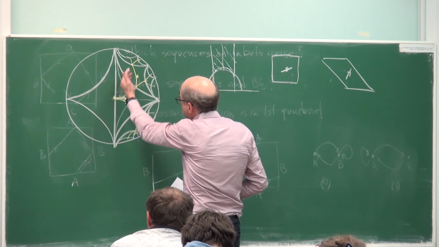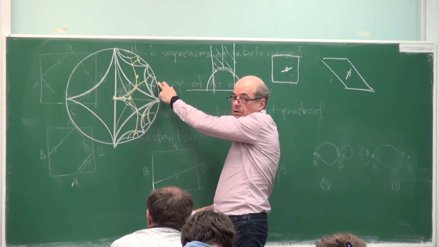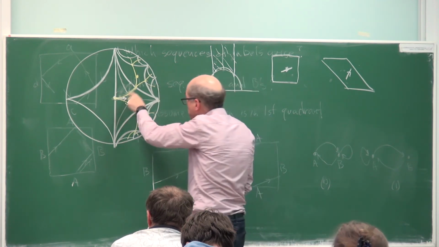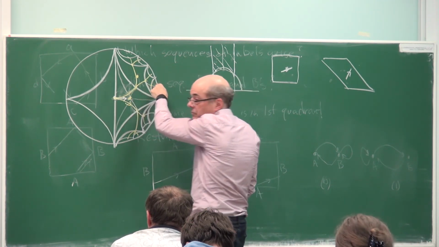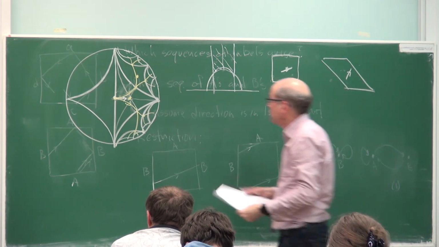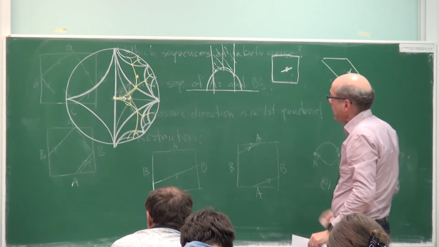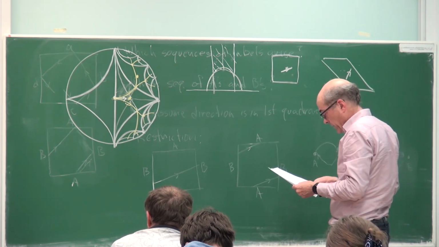Another way of describing this: an initial direction corresponds to a point on the boundary here, and we're finding the appropriate sequence of fundamental domains that gives a path landing at that point.